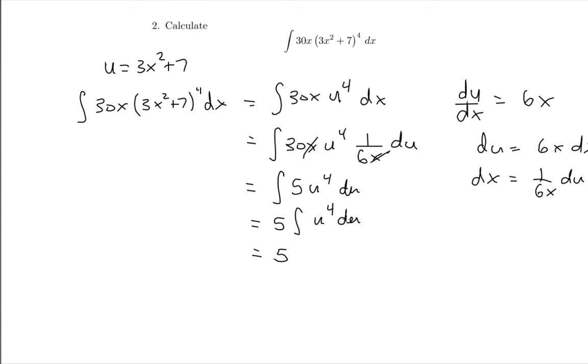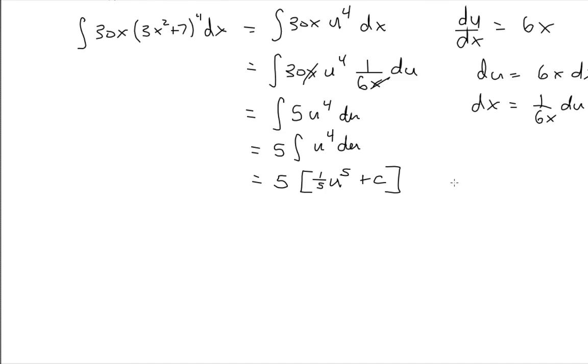The rule with a variable to a power is to increase the power by 1. So this becomes u to the 5, since 4 plus 1 is 5. And then you multiply by 1 over the new exponent, so 1 over 5. And then I can add the arbitrary constant in as well.